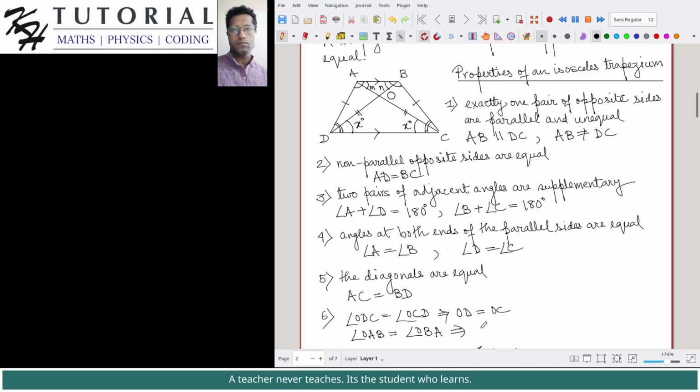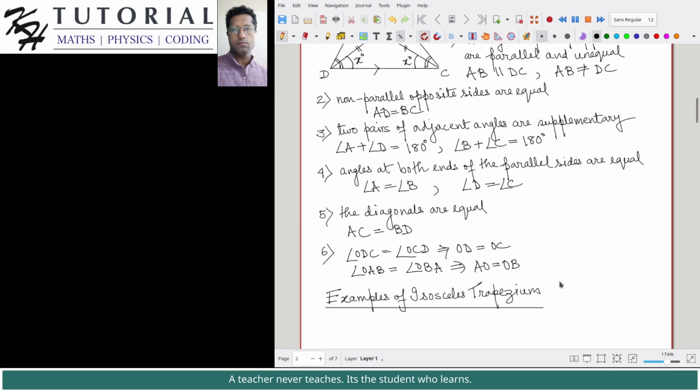This implies that AO will be equal to OB. So this angle and this angle will be the same, both M, whatever the value of M is. M is an angle.